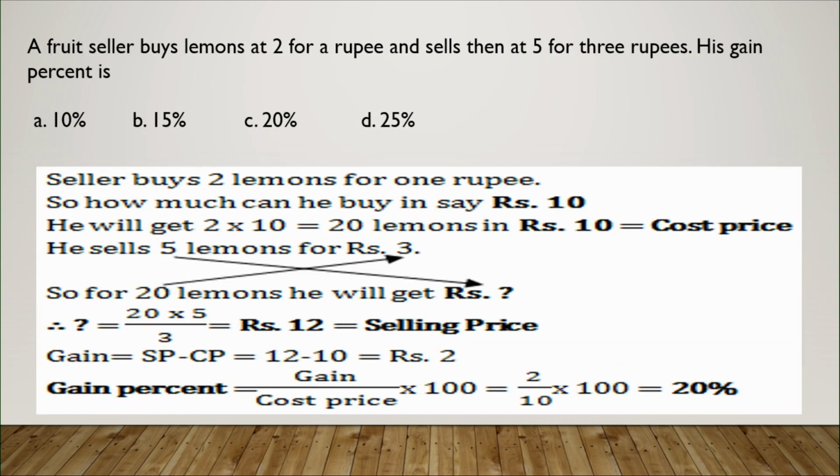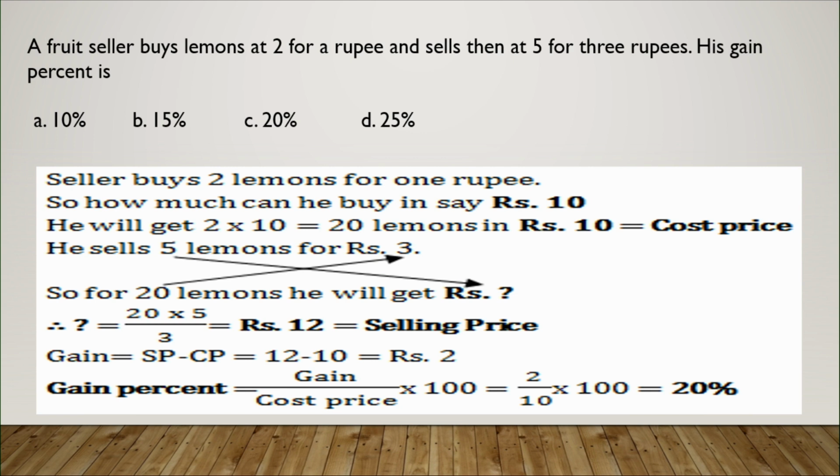A fruit seller buys lemons at 2 for a rupee and sells them at 5 for 3 rupees. What is his gain percentage? A fruit seller buys lemons at 2 for a rupee and sells them 5 for 3 rupees. So it is a very, very simple question, but we have to understand the nature of the question here.